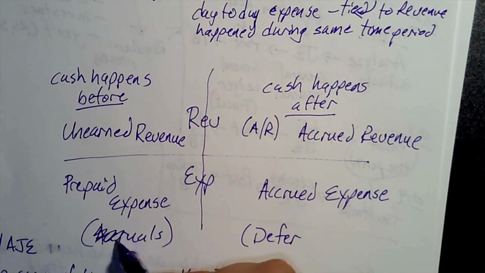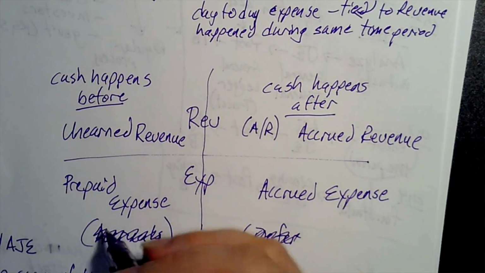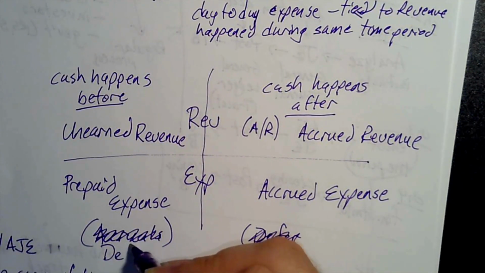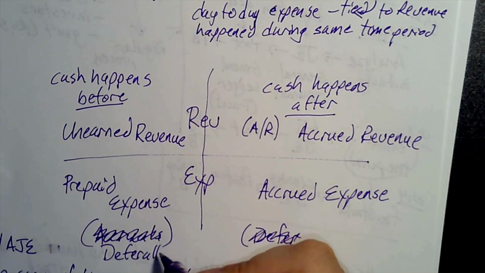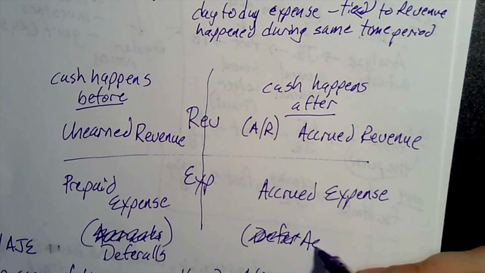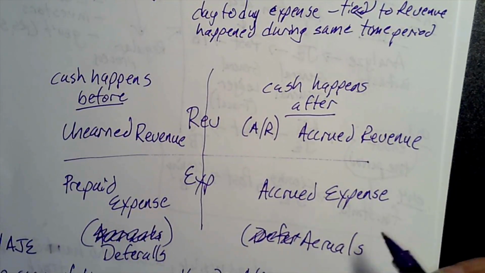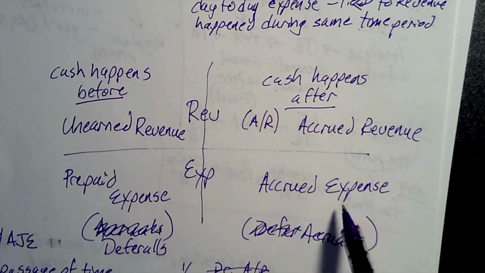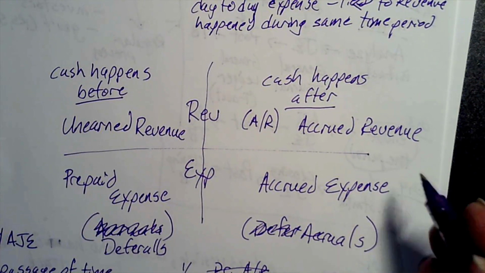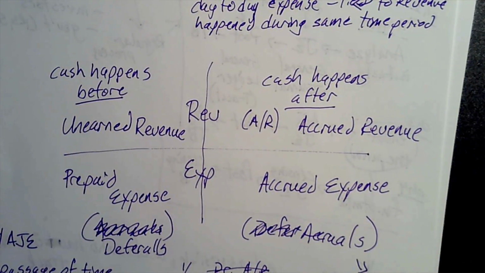Sorry, I got that backwards. I wrote the chart backwards. We call these deferrals, and we call these accruals, because we're accruing the revenue. And what do I mean by accrue? Accrue means bring forward.